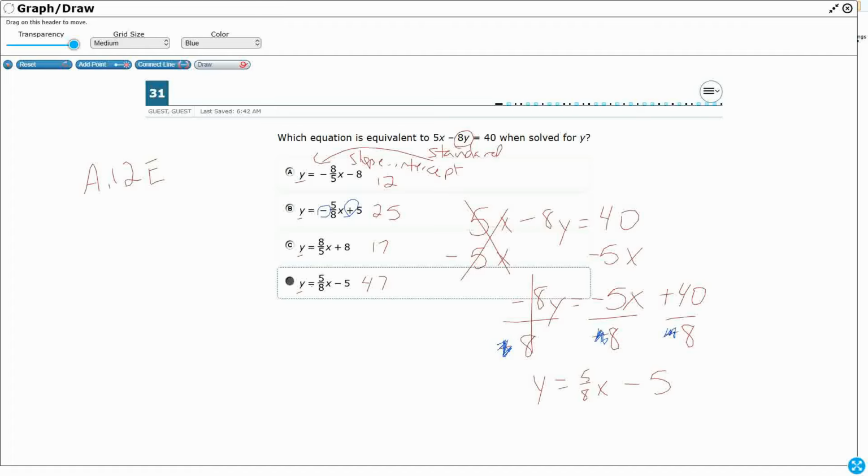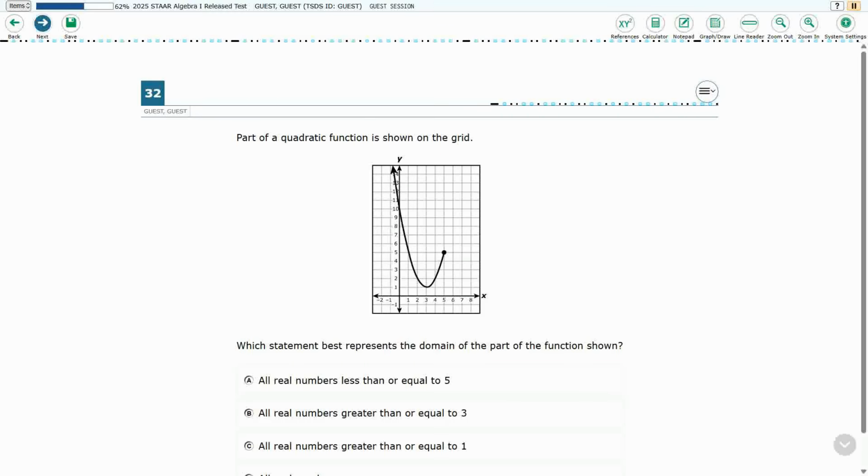If you divide all of this by 8, this becomes a negative 5/8, and this becomes positive 5. So there are some students that know exactly what to do, and what they messed up on was simply getting the correct sign and dividing by that negative 8. So this was on the harder side, probably didn't need to be 16th hardest, but this did involve quite a few steps. And so there are a lot of opportunities to, unfortunately, make a mistake.